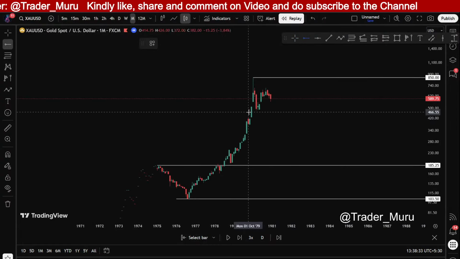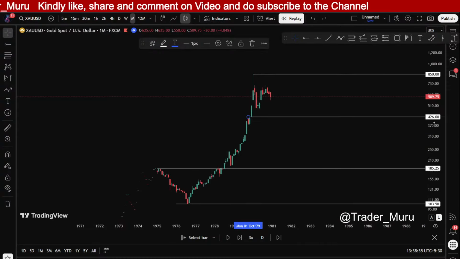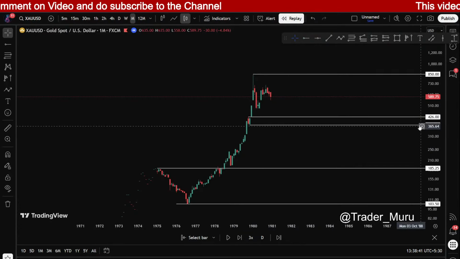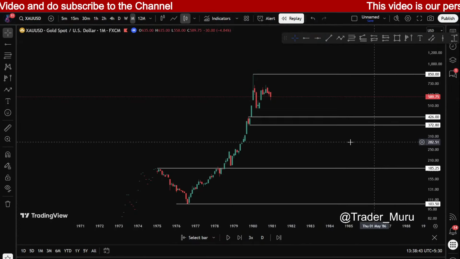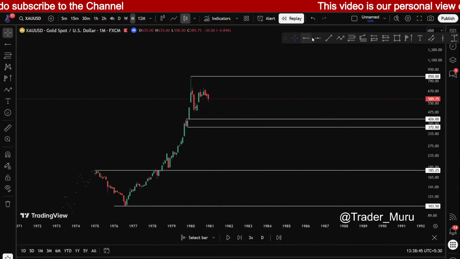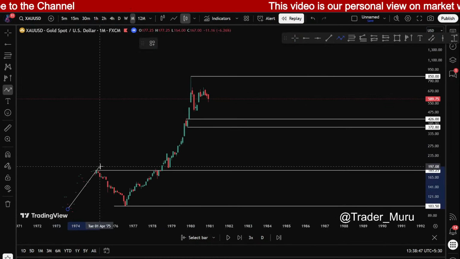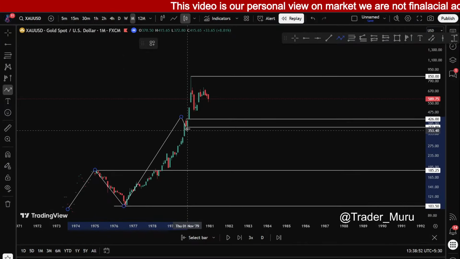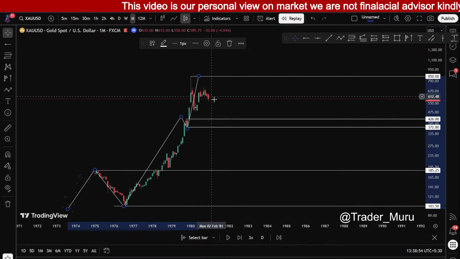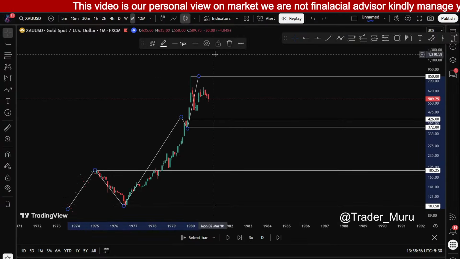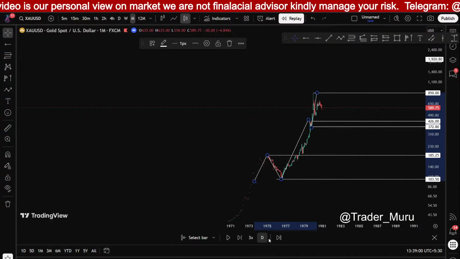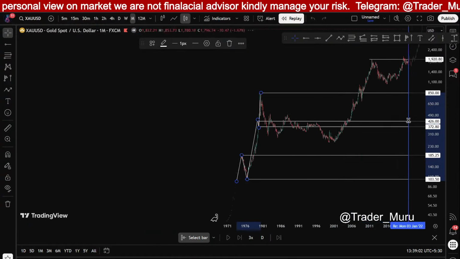Before that, what was the correction point? 426 to a drop towards 372. So if you see this, now the same price action is here.